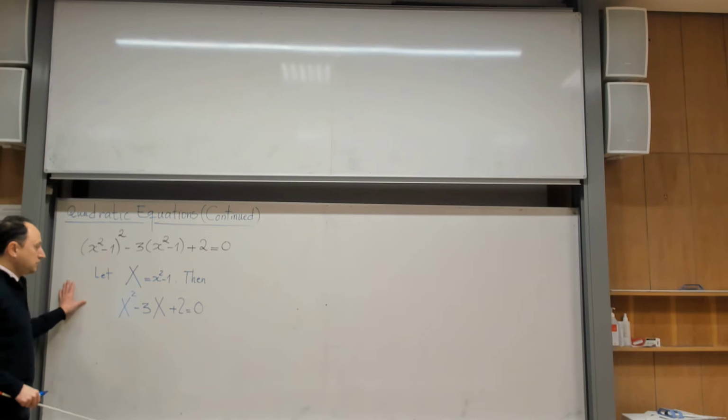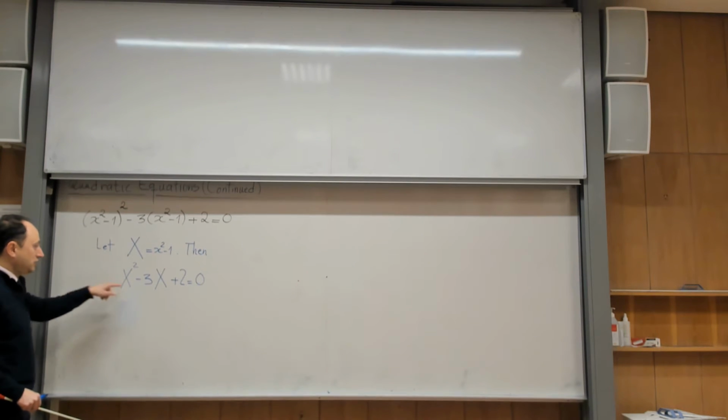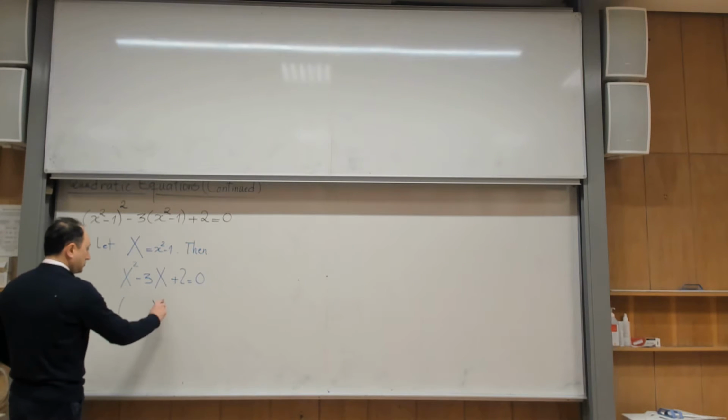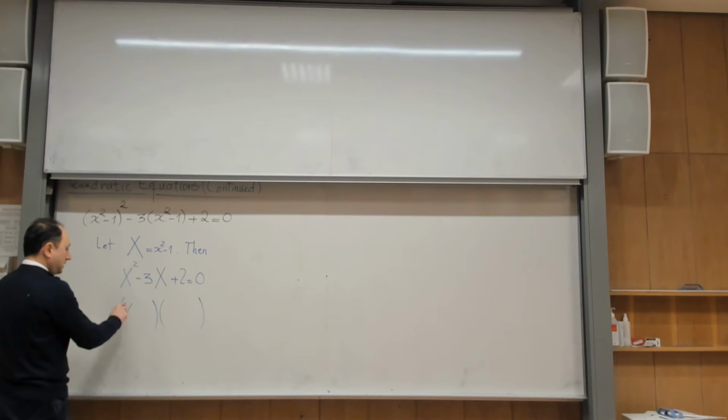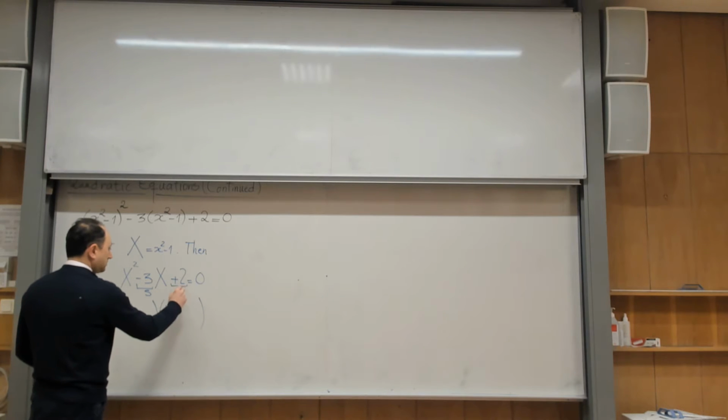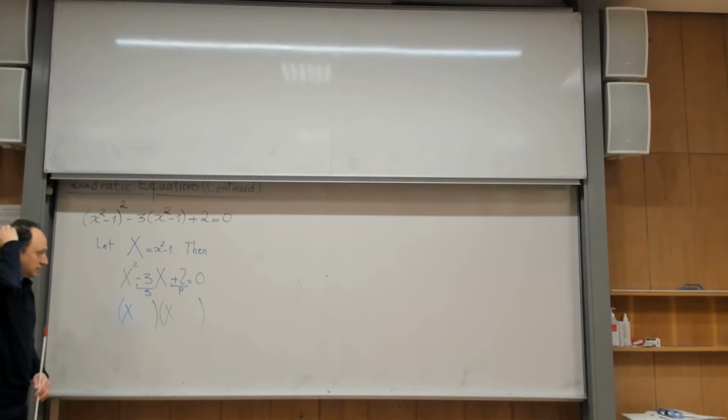But let me just try to use factorization here because it is extremely simple to guess. So you put 2 pairs of brackets, capital X here, capital X there. You ask yourself, I need to find 2 numbers so that the sum is minus 3 and the product is 2. And I think it's extremely simple.